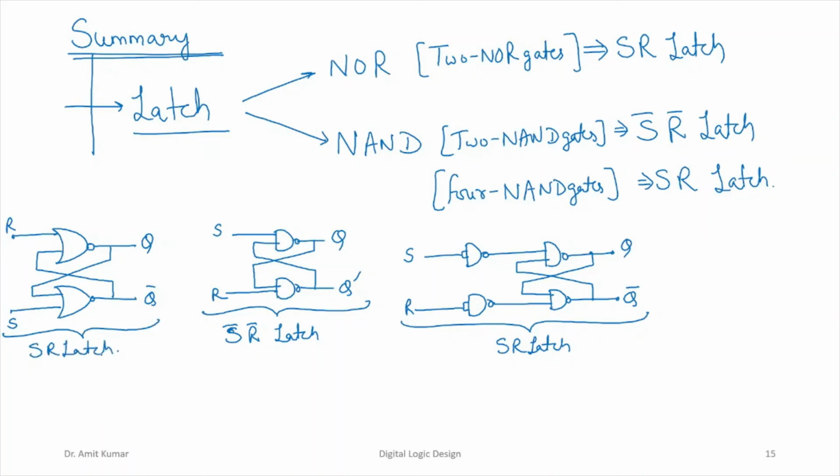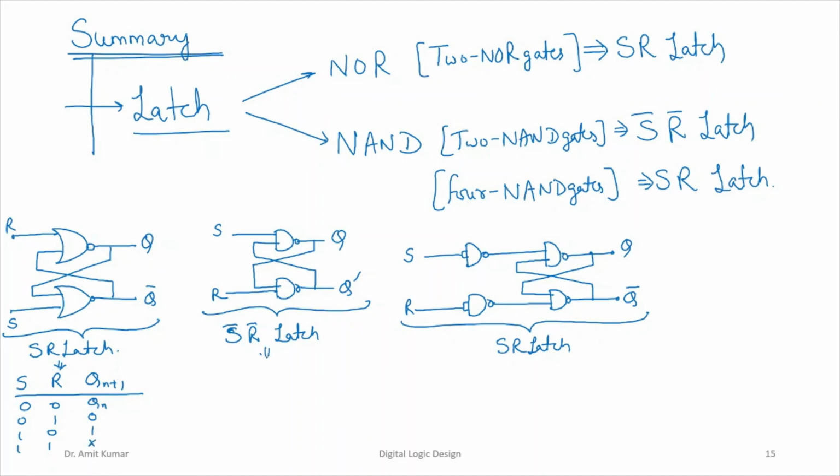If you look at the characteristic table for this, S and R, Qn plus 1: 0 0, 0 1, 1 0, 1 1. 0 0 will be the memory state, 0 1 will be the reset state, 1 0 will be the set state, 1 1 will be the forbidden or indeterminate state.